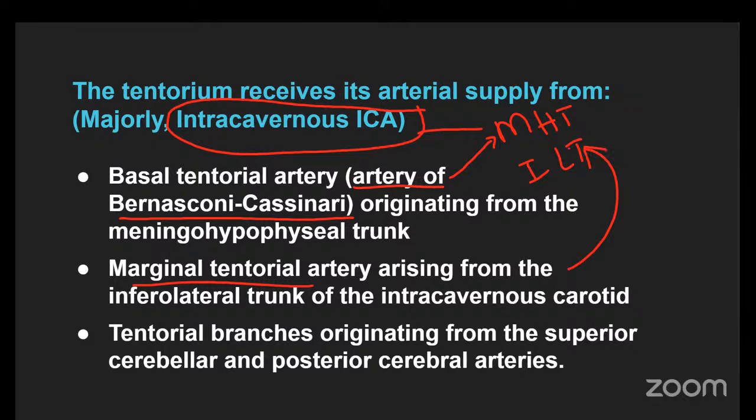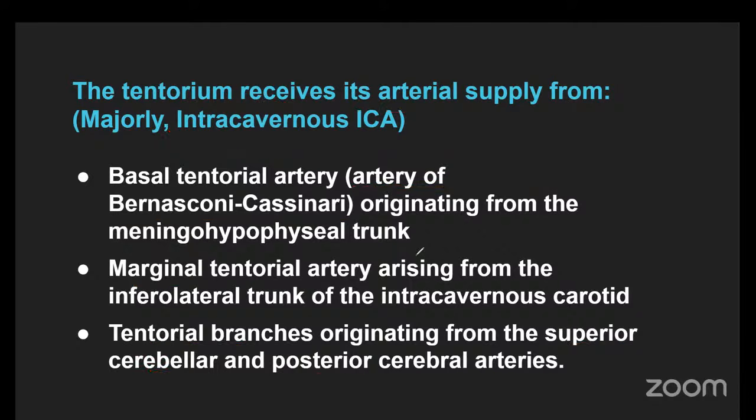Both of these are branches of the intracavernous internal carotid artery. And some tentorial branches can originate from the superior cerebellar artery and the posterior cerebral arteries. Obviously, they are in the vicinity. So they somehow think maybe we should also contribute to the blood supply. But this is not the major supply. The major supply still remains from the intracavernous ICA. Hence, there is no role for angioembolization.